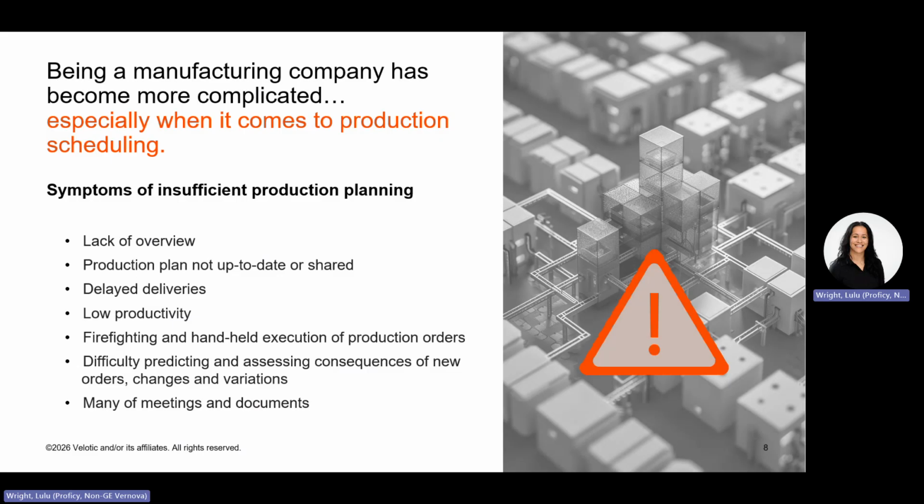Having issues meeting due dates. Productivity lower than expected. That constant feeling of having to be firefighting or hand holding the execution of your orders. Difficulty predicting and assessing the consequences of updates that you need to implement, and additional meetings and documents being needed.